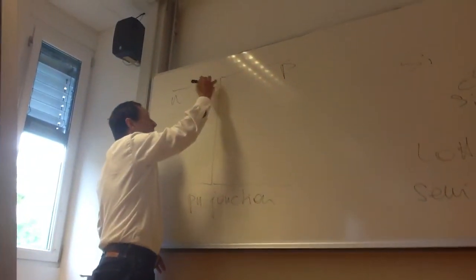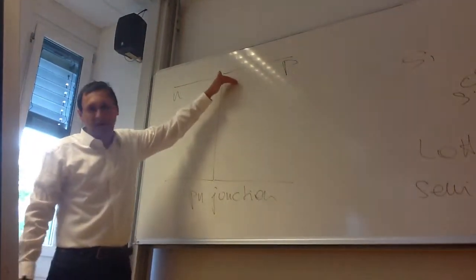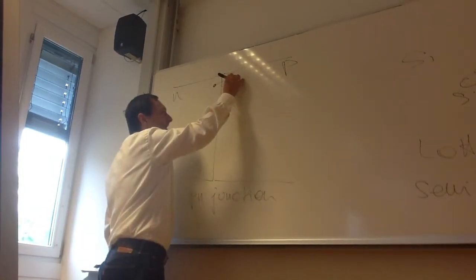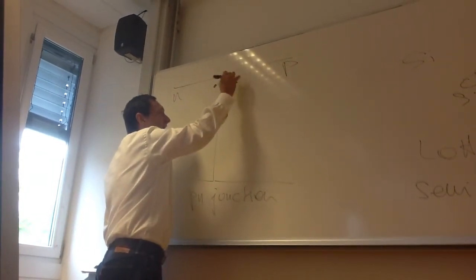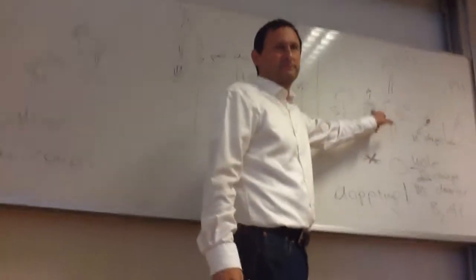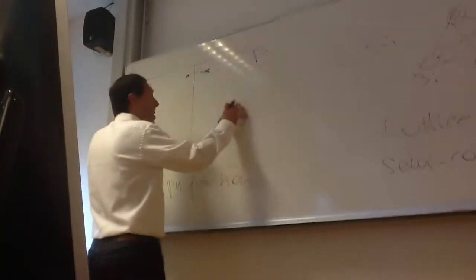And what will happen if we bring these two materials in close contact? Then the electrons of the N side will actually go to the other side. They will diffuse to the other side and saturate the missing link of this structure here. You have to remember that both sides are electrically neutral.